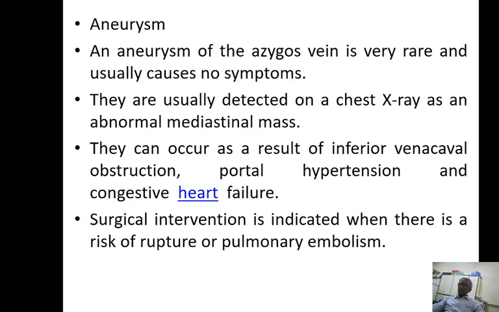Surgical intervention is indicated when there is a risk of rupture or pulmonary embolism. So when there is a risk of rupture of this aneurysm or a pulmonary embolism, surgical intervention is needed to correct it.